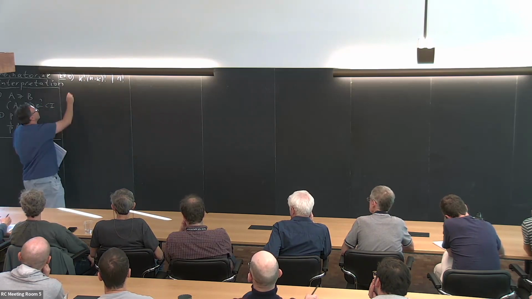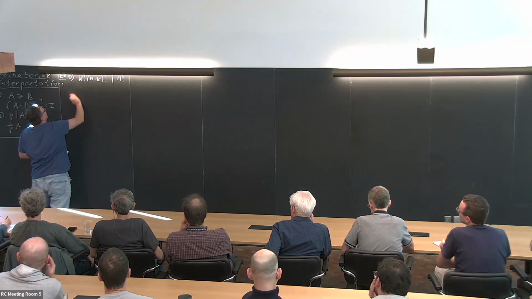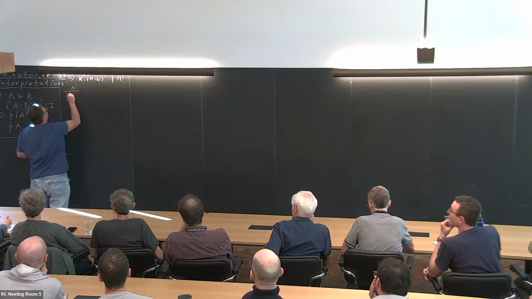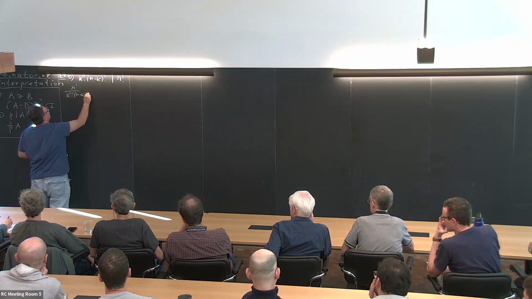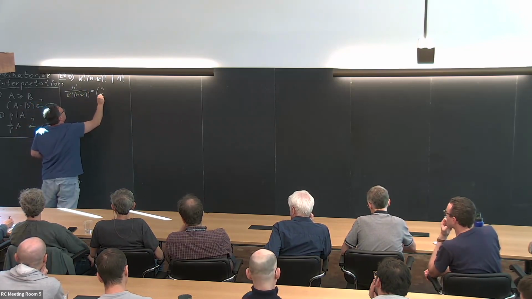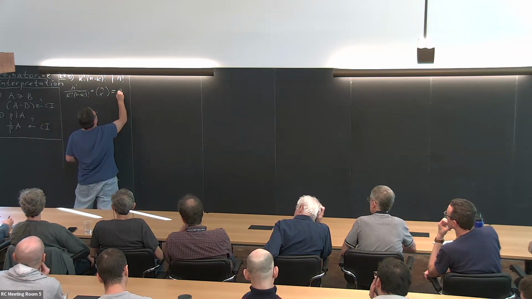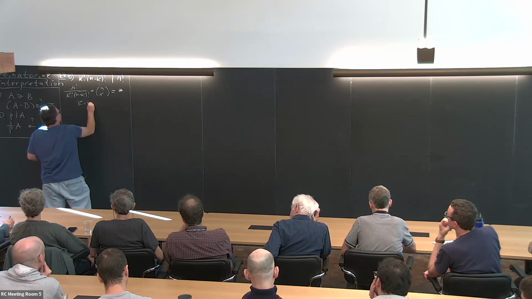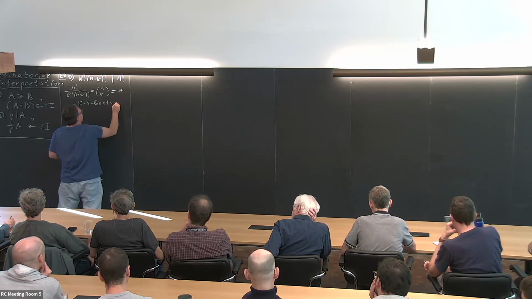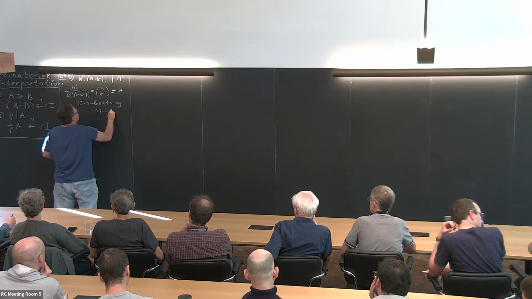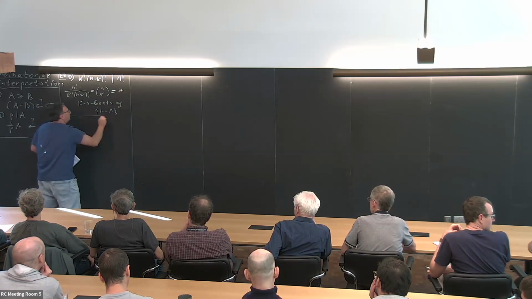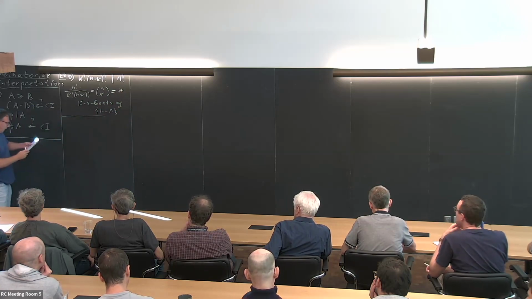The reason it's easy to see is because n factorial divided by k factorial times n minus k factorial, we usually denote by n choose k. This is what we start with in combinatorics. That's the number of k-subsets of an n-set.